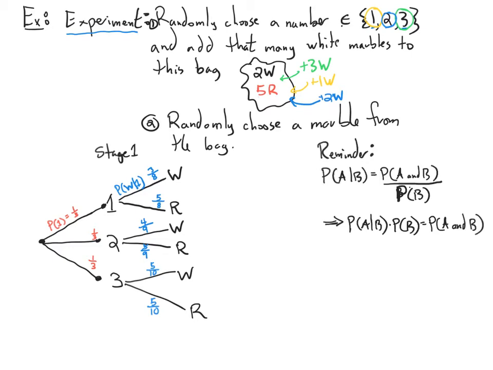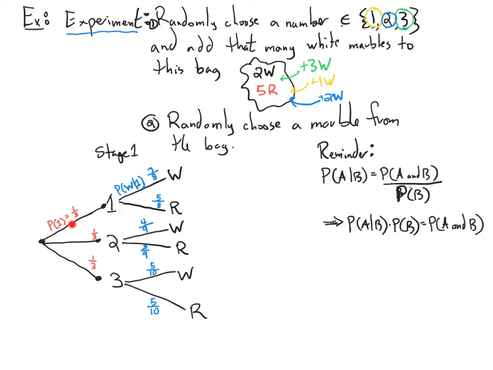So what's cool here, if we look at this, this is the condition, B. So I have the probability of the condition times the probability of A happening given that condition equals the probability of A and B. And that's what we have on each of these paths.